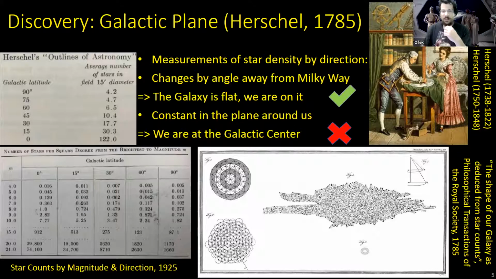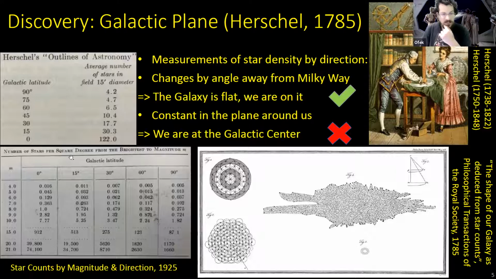So there are about 30 times more stars in density per angular unit in the sky in the direction of the Milky Way versus perpendicular to the Milky Way.